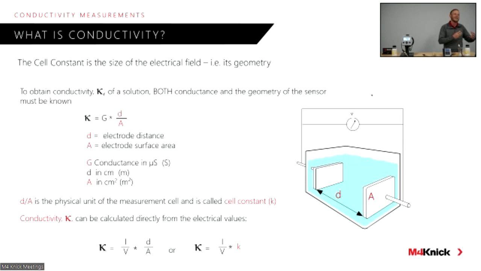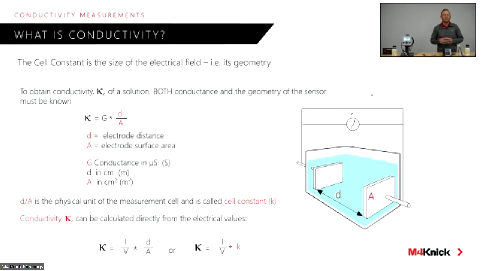That's the last piece of the equation when calculating conductivity. We have conductance, now we know the geometric makeup of our electrodes, and we can now calculate the conductivity measurement. So that's simply what goes into making these measurements.